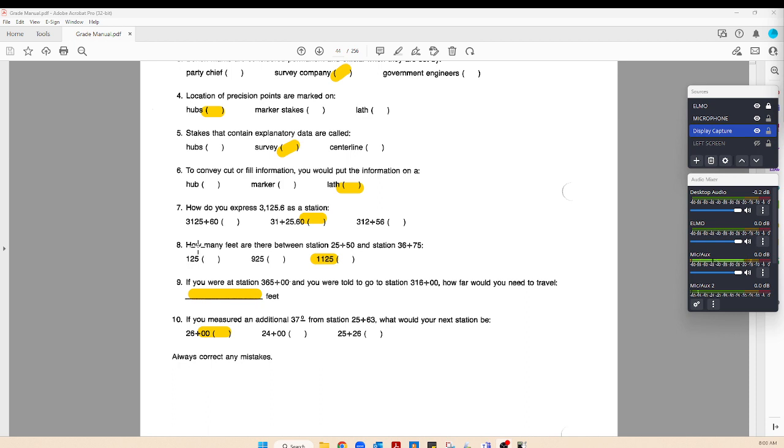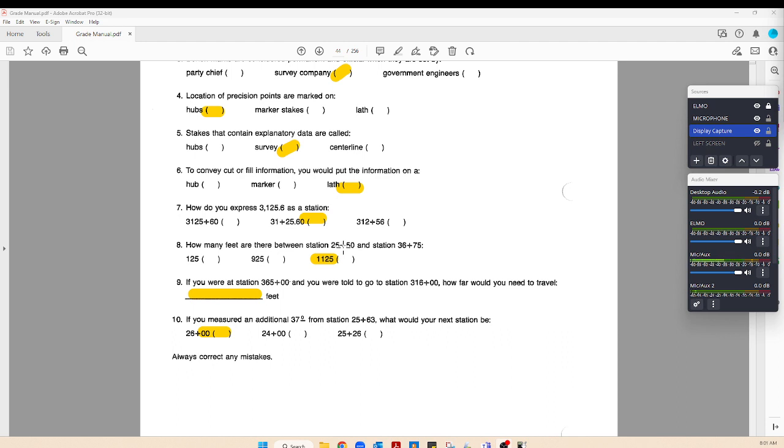So this right here: how many feet are there between station 2550 and station 3675? In these cases, you can just ignore the plus sign and get your calculator out.